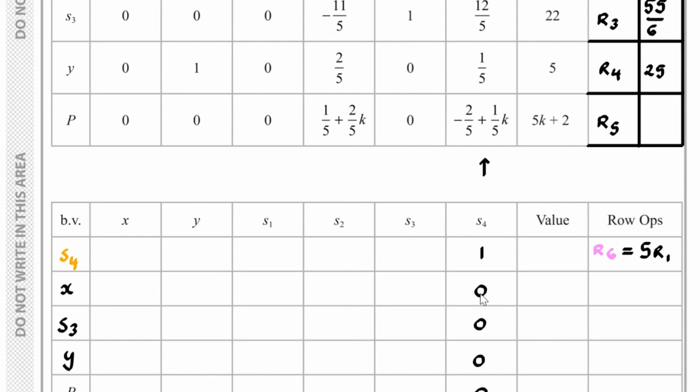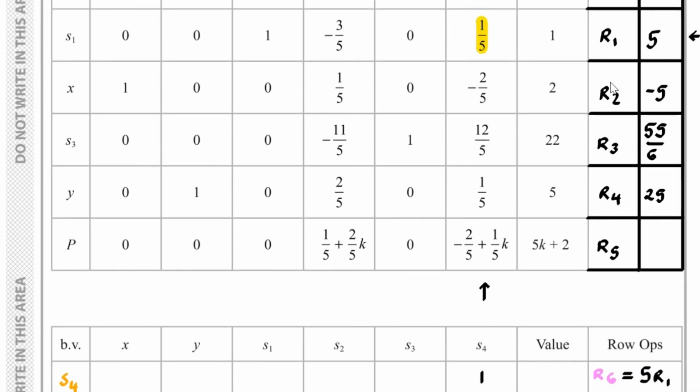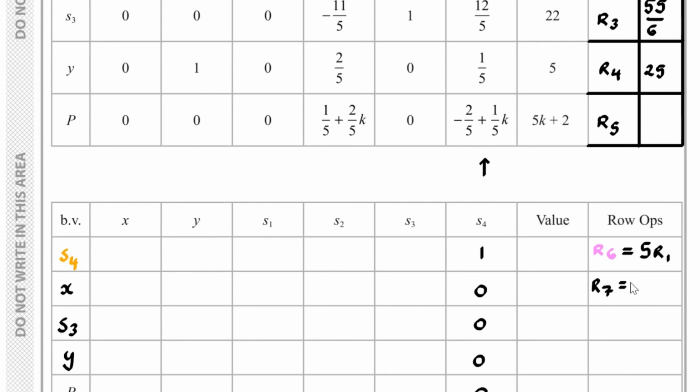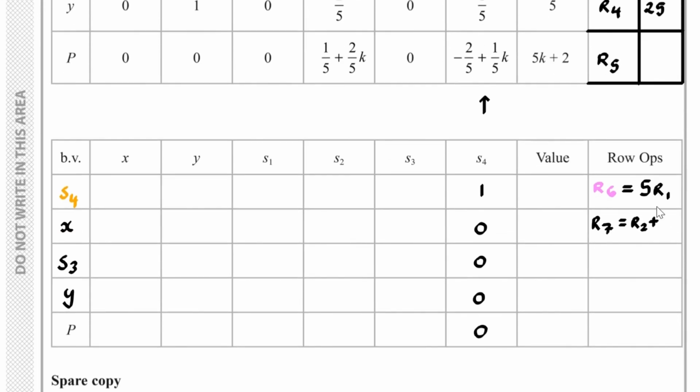So the way we go about this, well, if I call this R7, to work out R7, we take R2 and then we add on 2/5 of R6.